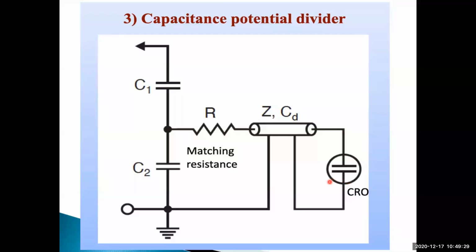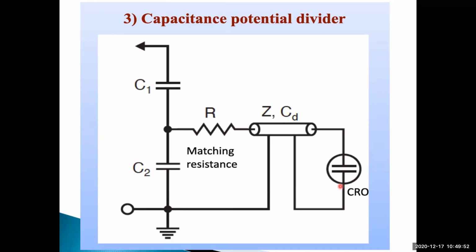So you are connecting the CRO in parallel to the element, in parallel to the capacitor, in parallel to the resistor, not in series. If you connect it in series, there is no current passing through the CRO, as it acts as an open circuit, so there is no use.